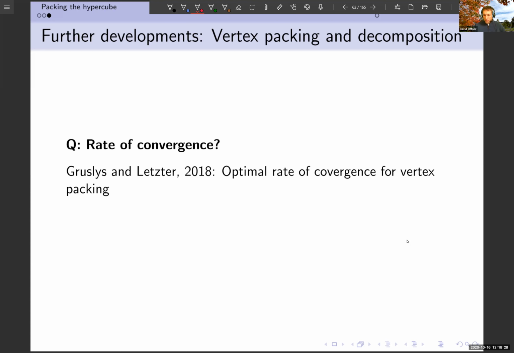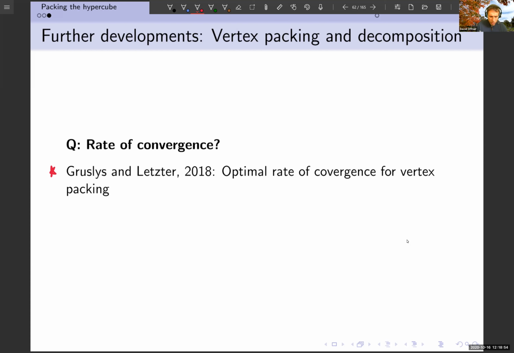First, I asked about some rates of convergence. If you look at these schemes, the vertex packings converge to density 1 much faster than the edge packings. We weren't careful to try to make them converge fast at all. We just wanted to know that they did converge. So I think a natural question is, what are the rates of convergence?